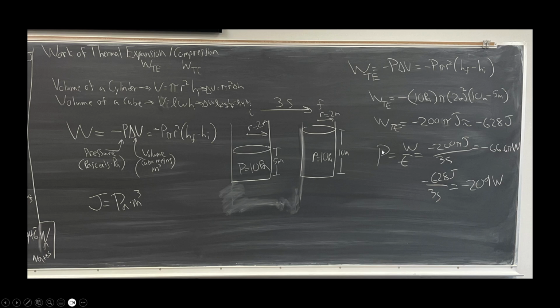Now, power is still work divided by time. We calculate our work equaling negative 200 pi joules divided by our transition of 3 seconds. That gets us negative 66.6 pi watts. If instead you use the answer where pi is not kept as a symbol, but it's evaluated into our answer, then what we have is negative 628 joules divided by 3 seconds, equaling negative 209 watts.